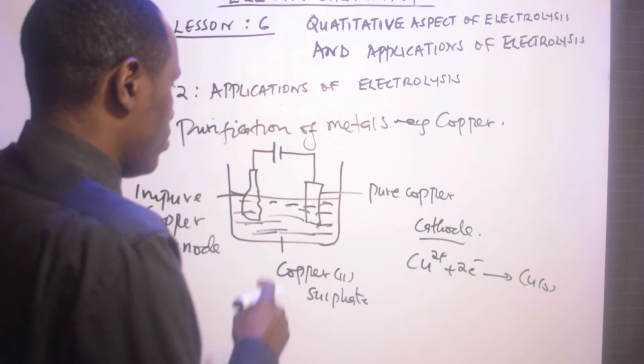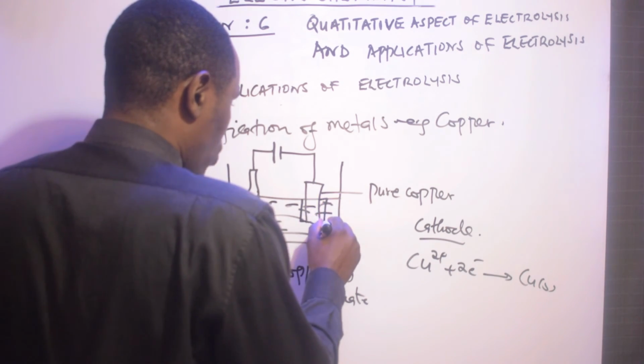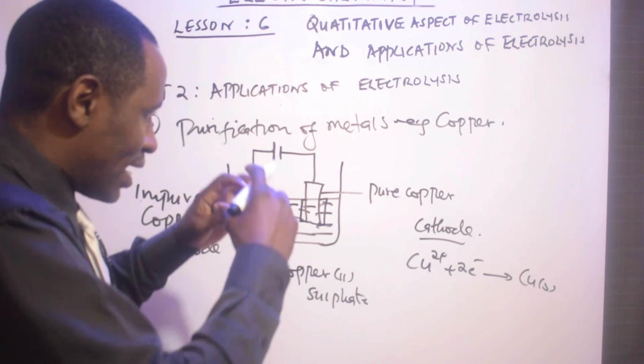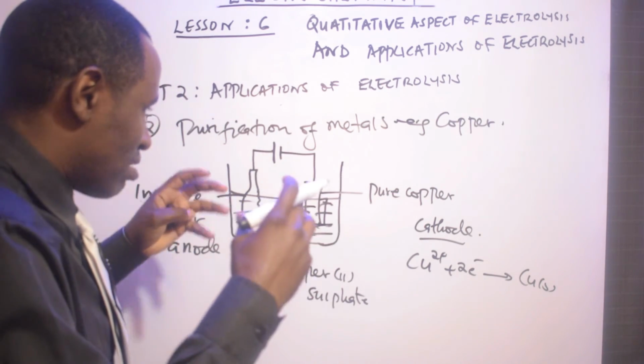So the mass of copper will increase. We are going to see the cathode, or the pure copper, increasing in mass.